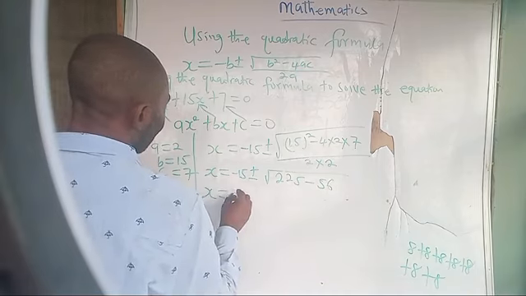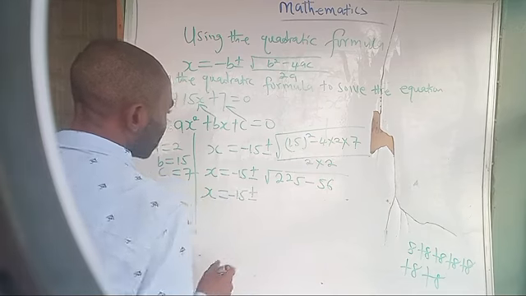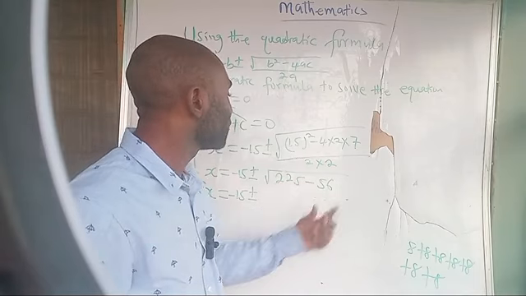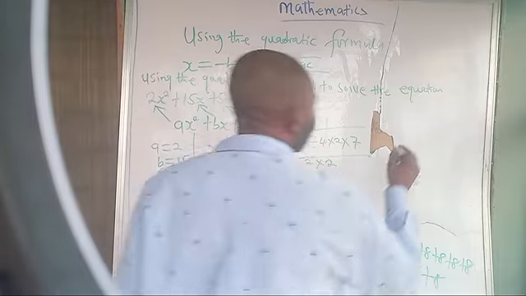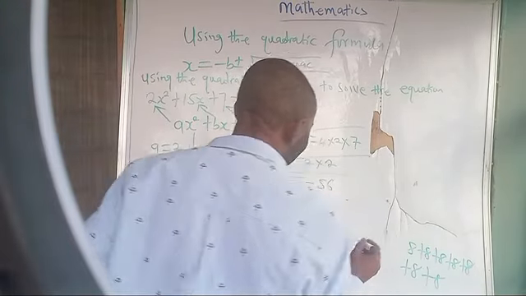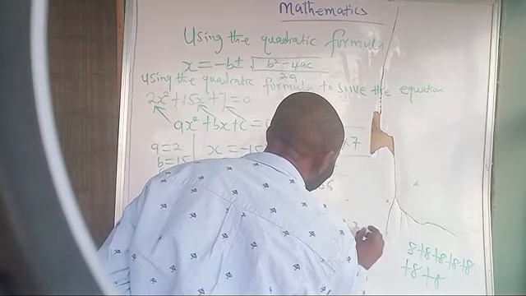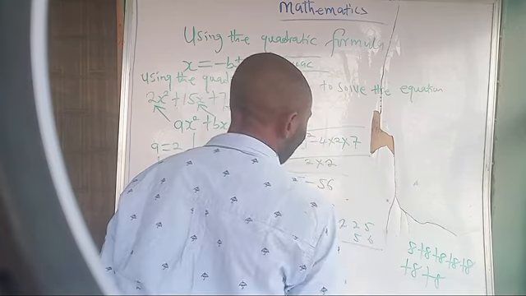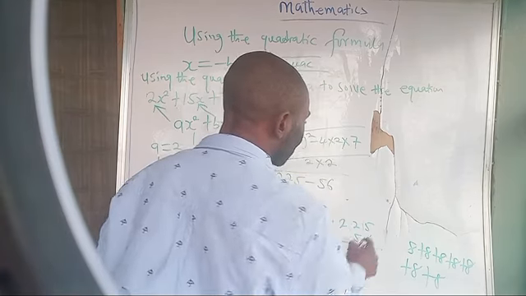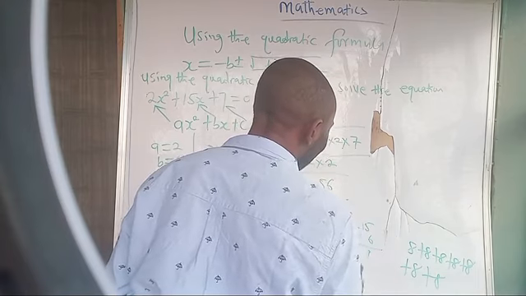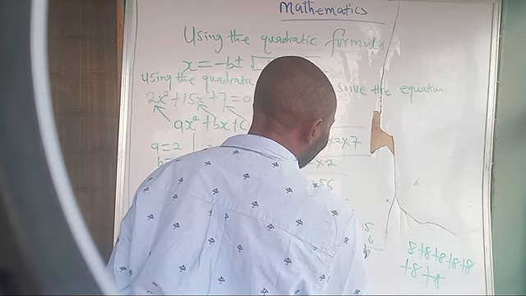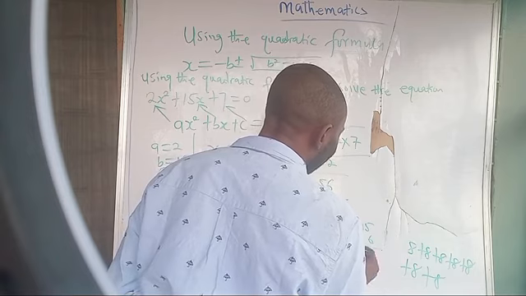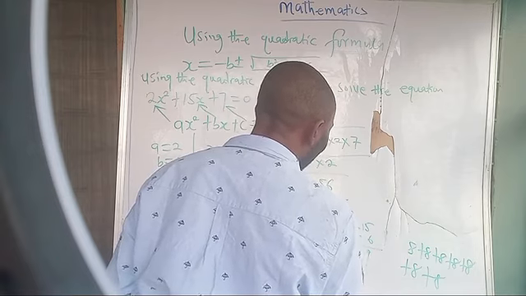X is equal to minus 15 plus or minus the square root of 225 minus 56. Borrow one here, making this 15. 15 minus 6 is 9, and 1 minus 5 cannot be done, so we borrow: 11 minus 5 is 6, and here is now 1.